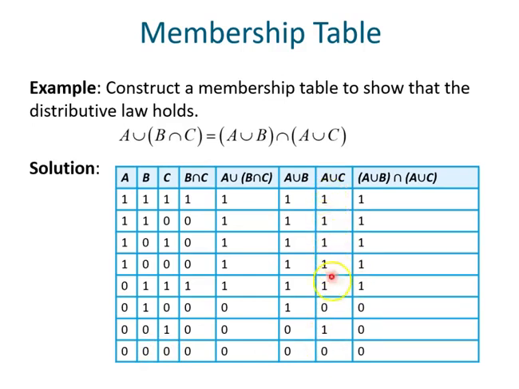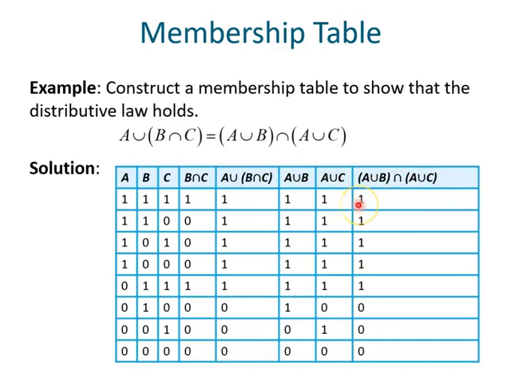So working that way, fill out this column, and finally we draw a column for the expression of the right hand side, which is the intersection of the last two sets. In this row we have an element that belongs to this set and to this set, so it will be in the intersection of those two sets.